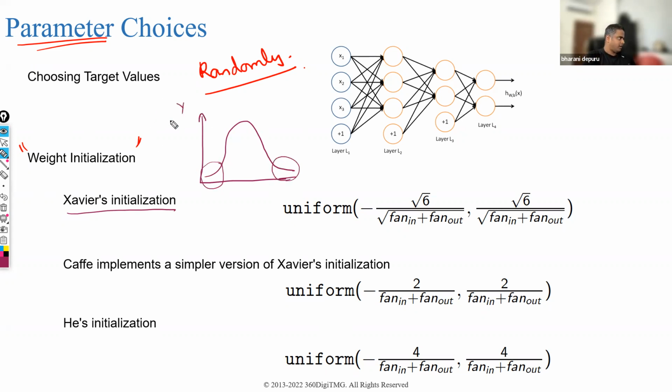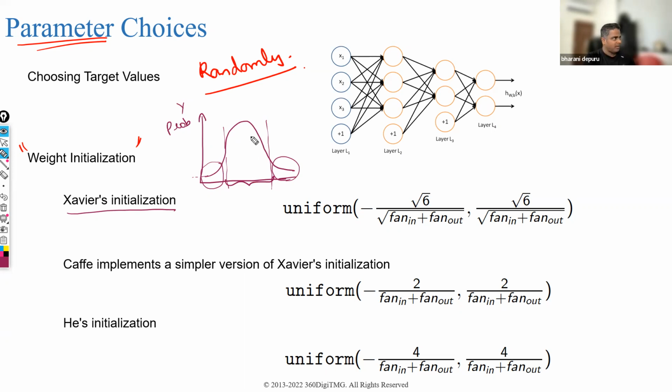On the y-axis, if I have probabilities, the probability would be very less at the extremes. The chance of getting values from this central portion would be very high.